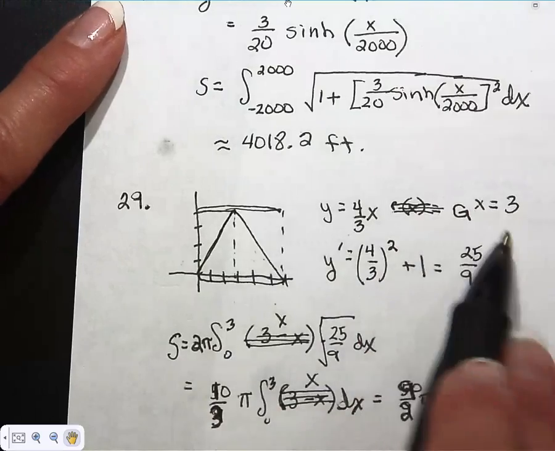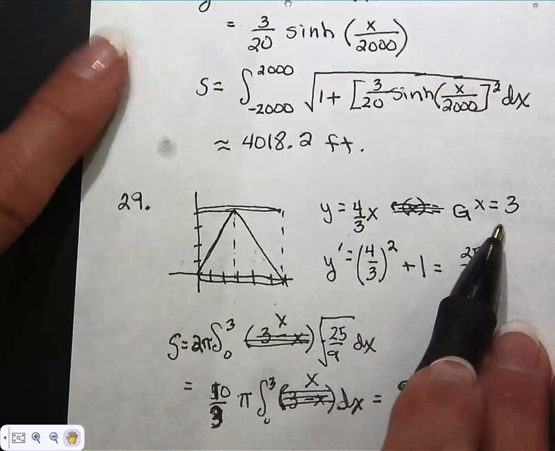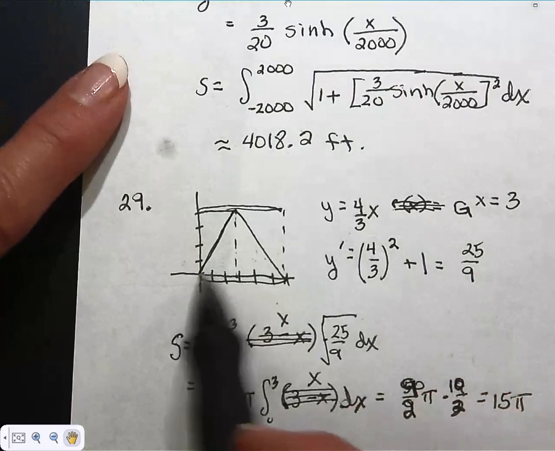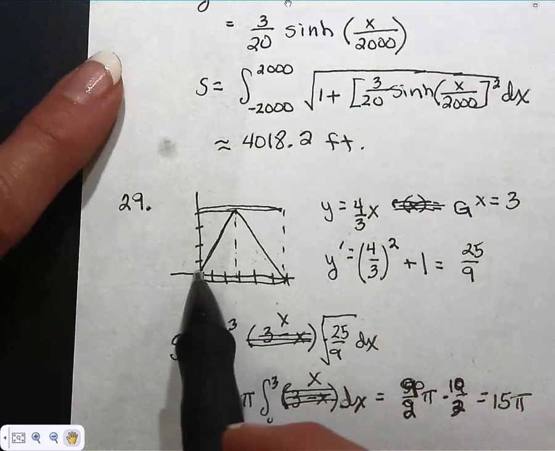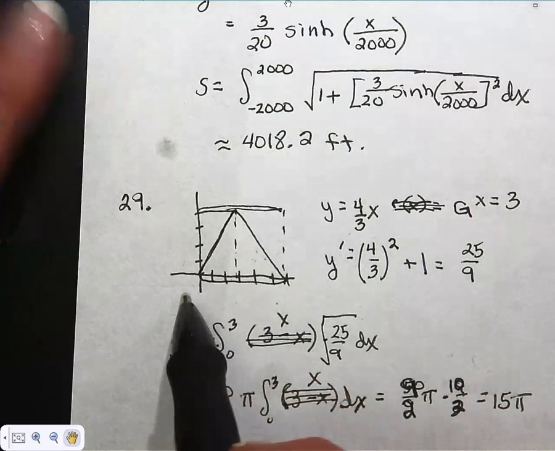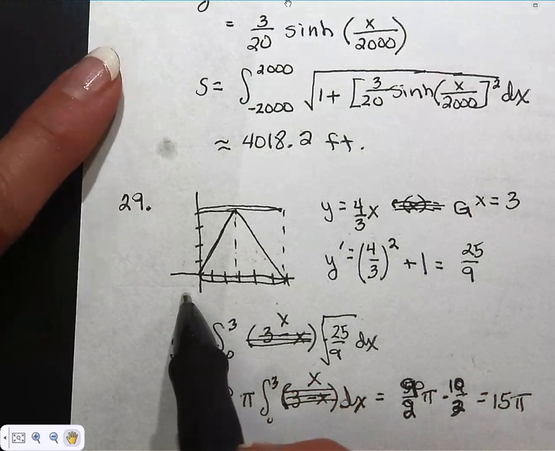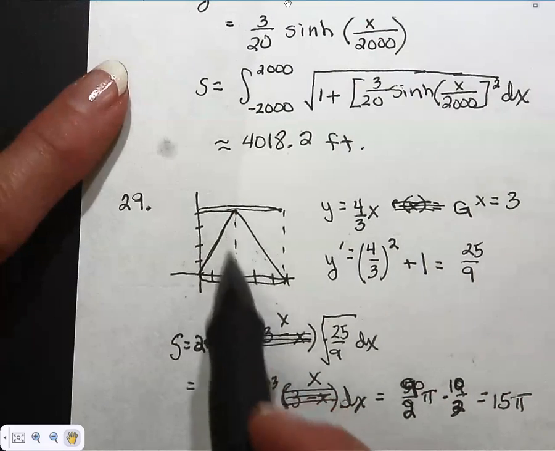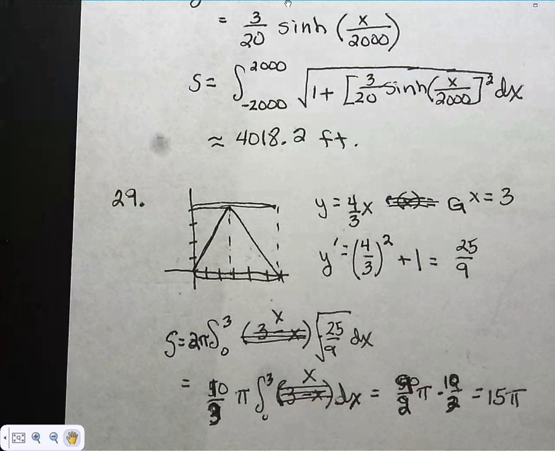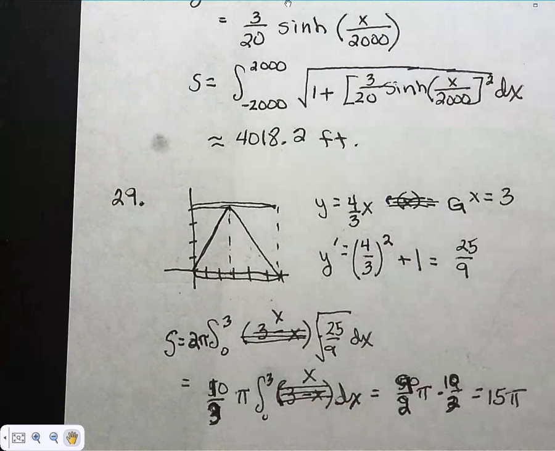Actually, I rotated it around the line x equals 3. If it said height of 4/3 and radius of 3, I started at 0, 0, went up 4/3. Equation of that line would be y equals 4/3 x. And then to make a cone, I rotated it around the line x equals 3. You got the same thing.